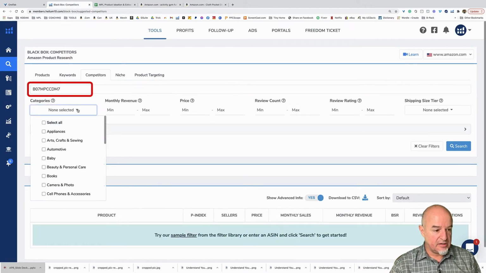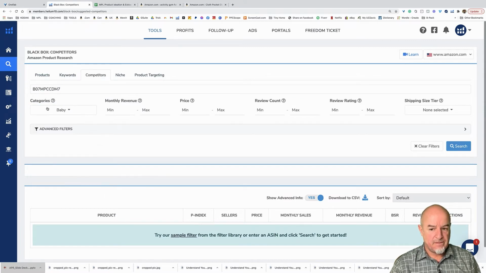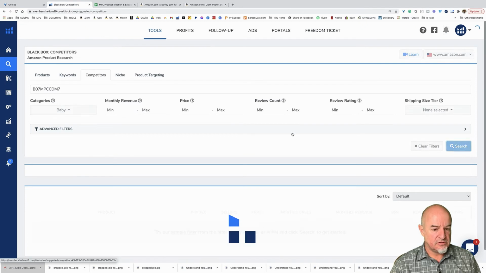We're going to keep it locked into baby. Not super crucial you do that, but let's do a search and see what competitors. First of all, it's finding all the competitors for that ASIN. Give me a second for it to pull its data. This is the most laborious search for Helium10's Black Box tool to do.